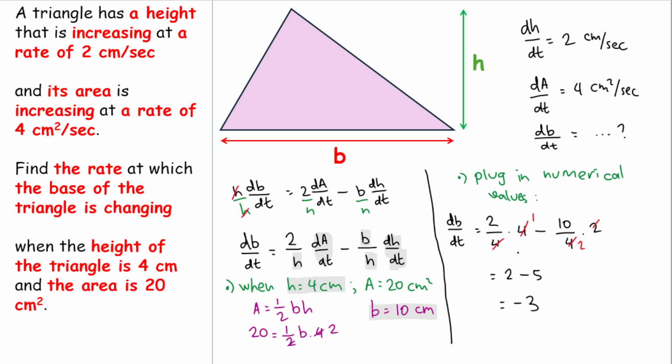And what is the unit? The base is in centimeter, and the time is in second. And what do the negative values mean? It means that it is decreasing or shrinking, right?